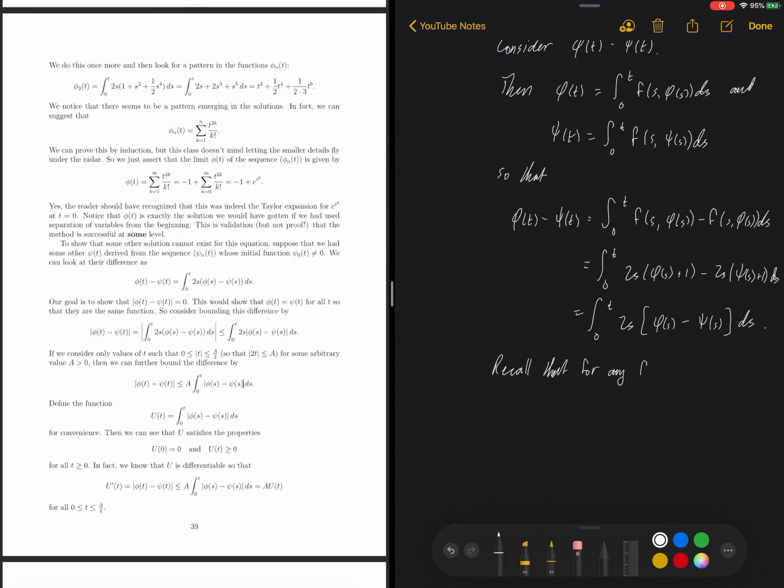Now, here comes a fact that we should remember from Calc 2, but I won't hold it against you if you don't remember.